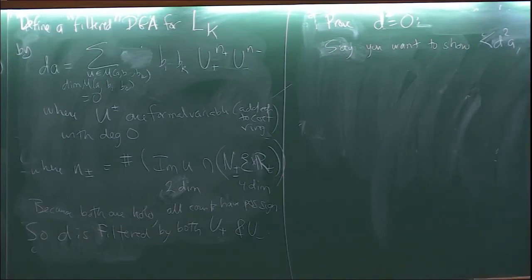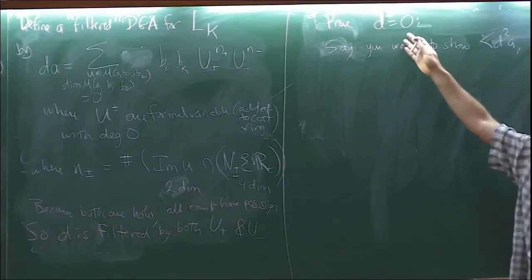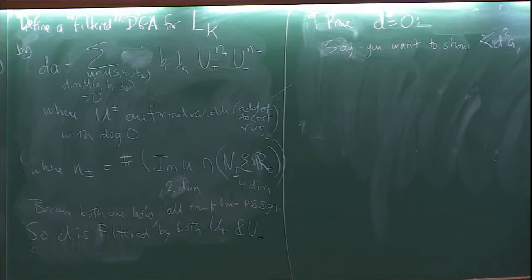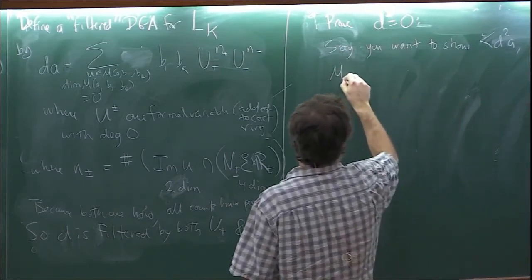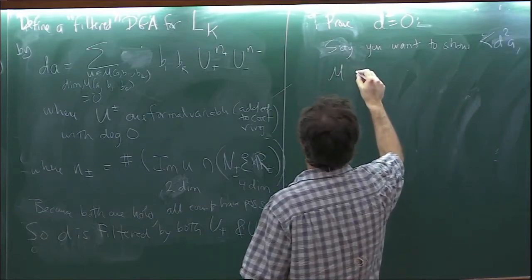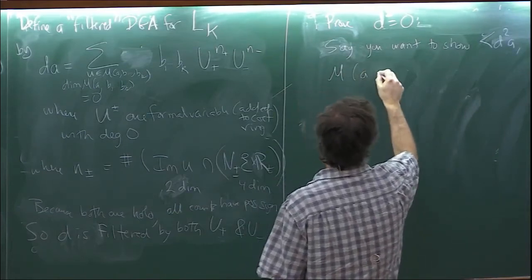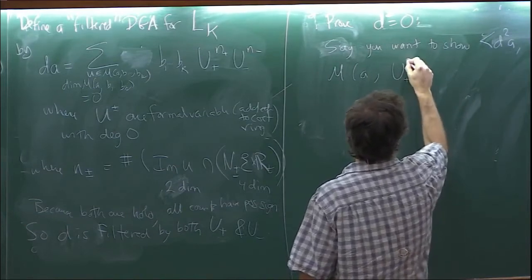So this means that the coefficient of this word in this expression is 0. Now you have to do that for every a and every term to get that d squared is globally 0. The standard way you do this in Morse theory, you say, okay, let's look at the moduli space of a, u plus cubed.